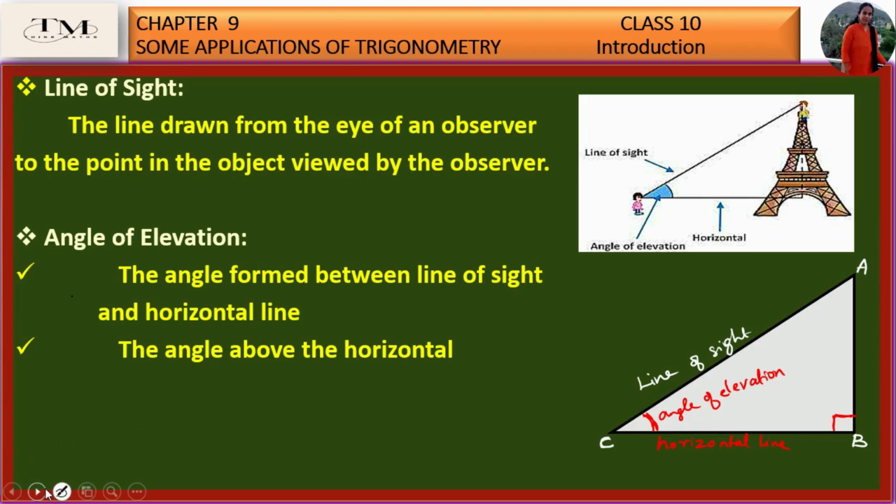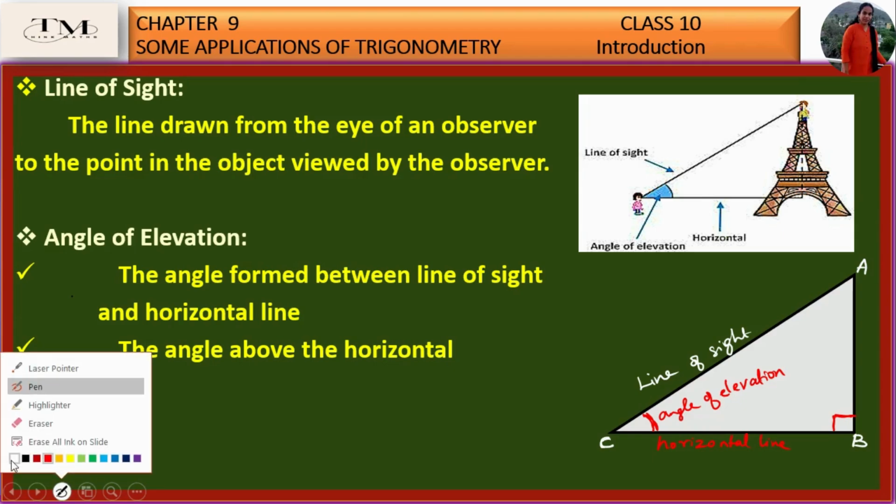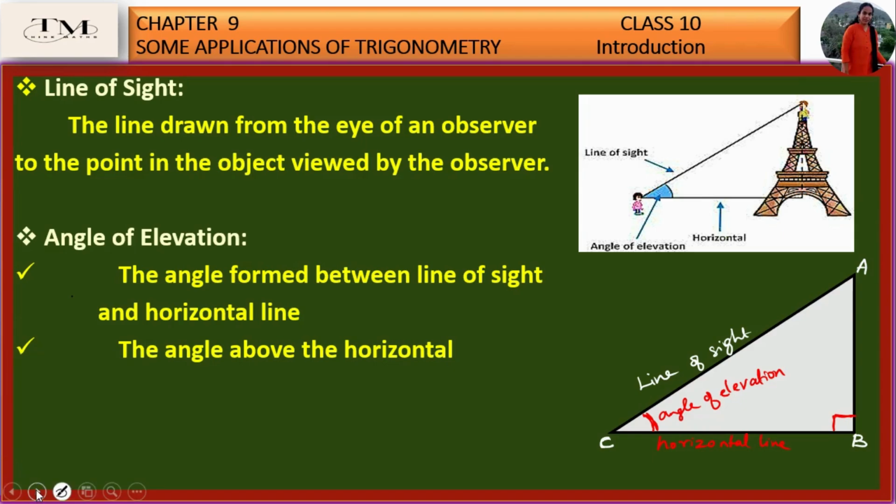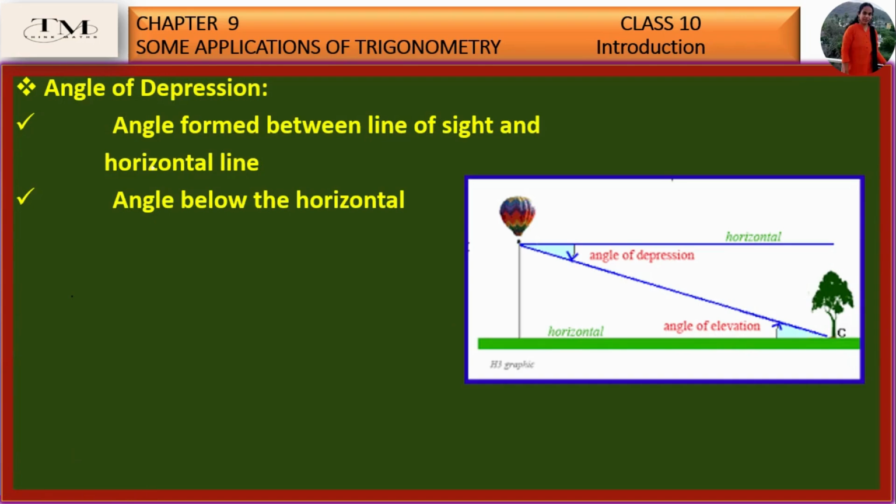The last one is angle of depression. Let us learn that in the next page. What is that? The angle formed between the line of sight and the horizontal, the same as elevation, but this angle will be below the horizontal line. That is when the viewer looks down.